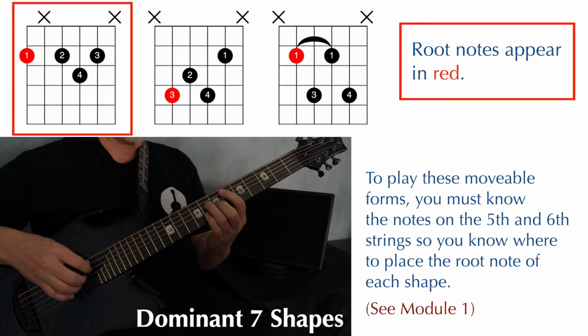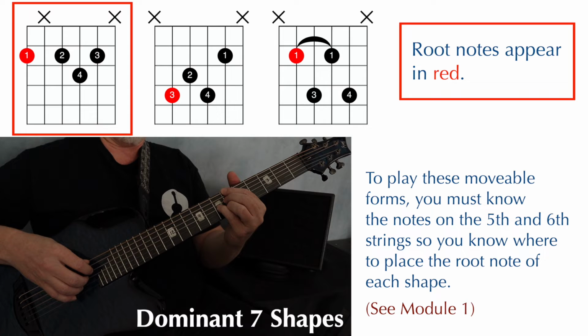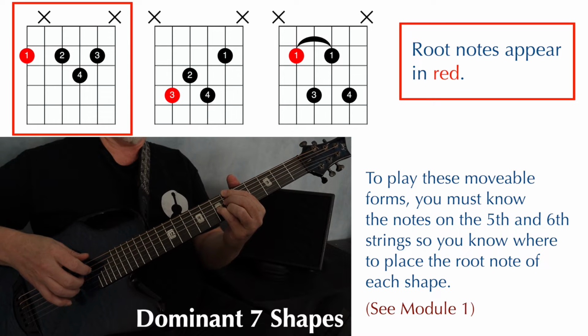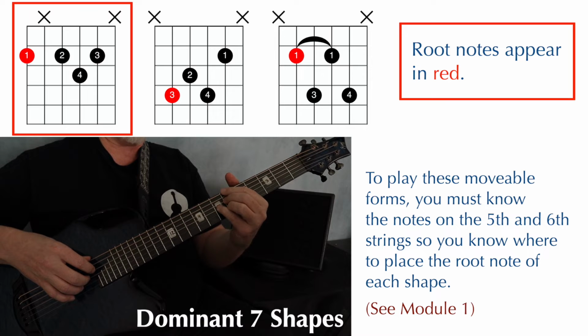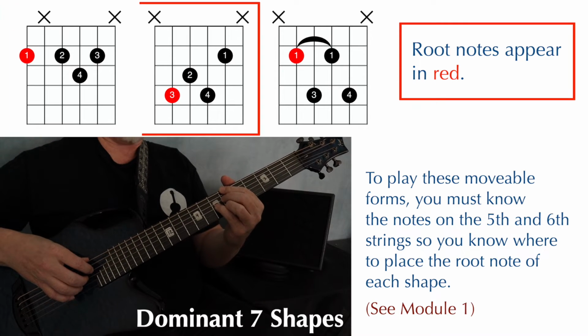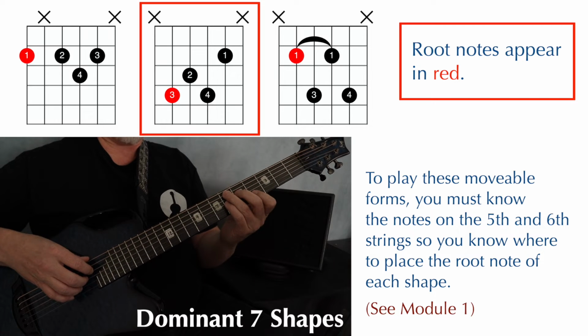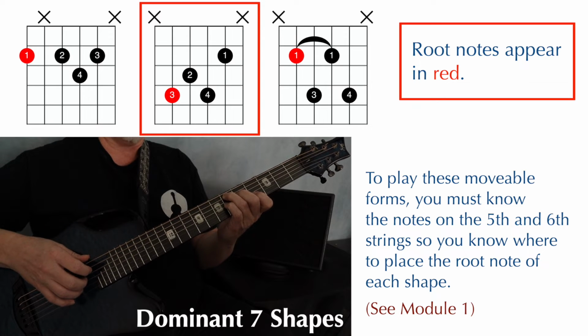Here's a dominant 7 shape we can play with the root on the 6th string. This is fingered 1, 2, 4, 3. That would be a B flat 7 because I'm placing my root on the B flat on the 6th string. And here's a dominant 7 shape you can play with the root on the 5th string. This is fingered 3, 2, 4, 1.